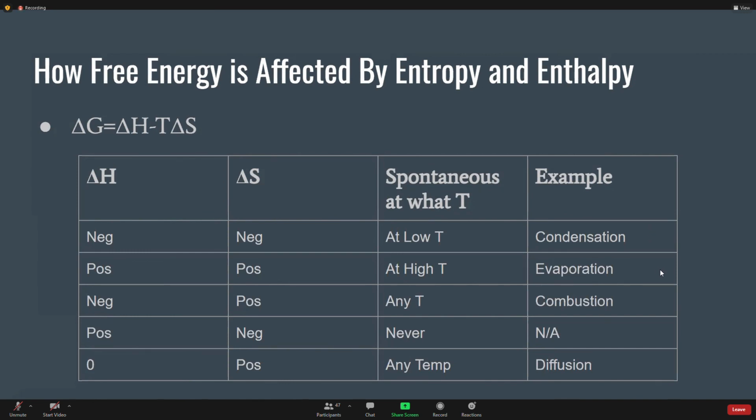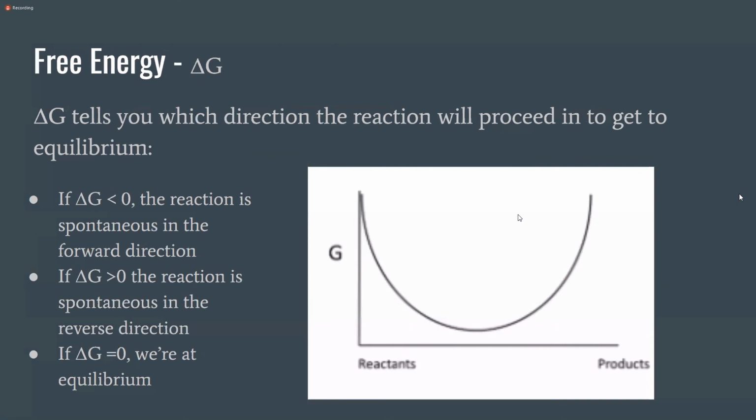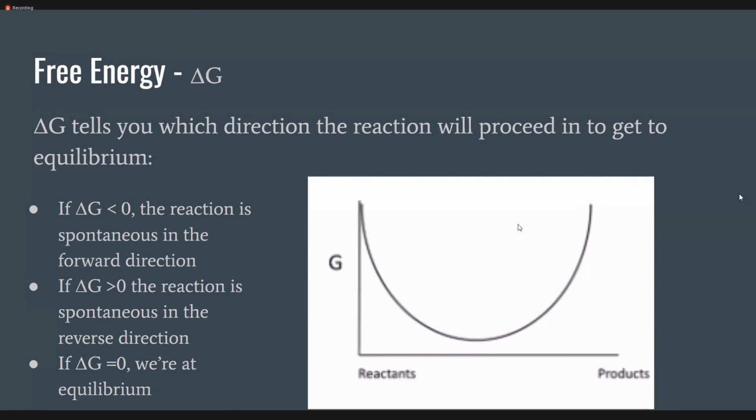Wait, sorry, someone just asked if delta G naught is negative, are you going to have more products or reactants at equilibrium? If delta G naught is negative, then it's over here, while equilibrium's over here on the right. So you're going to have more products than reactants at equilibrium, which you can see here, where delta G is equal to 0, right? So you can see where it falls.